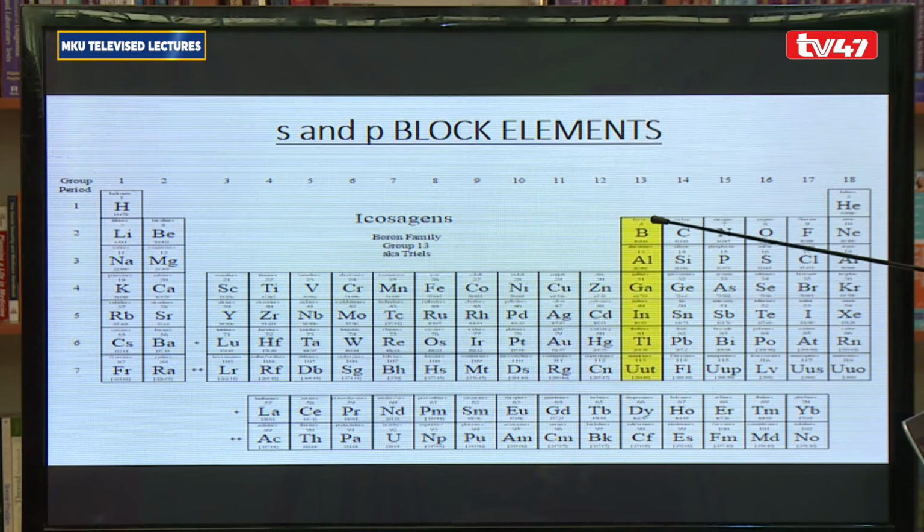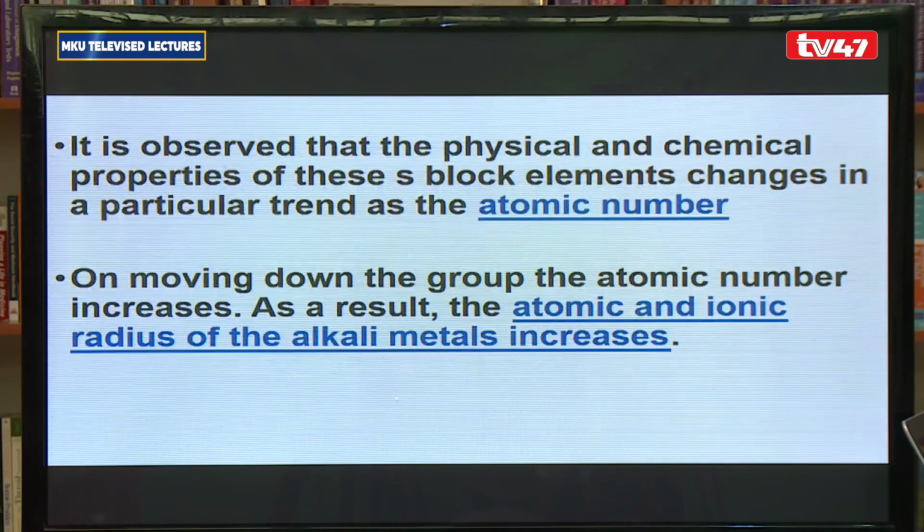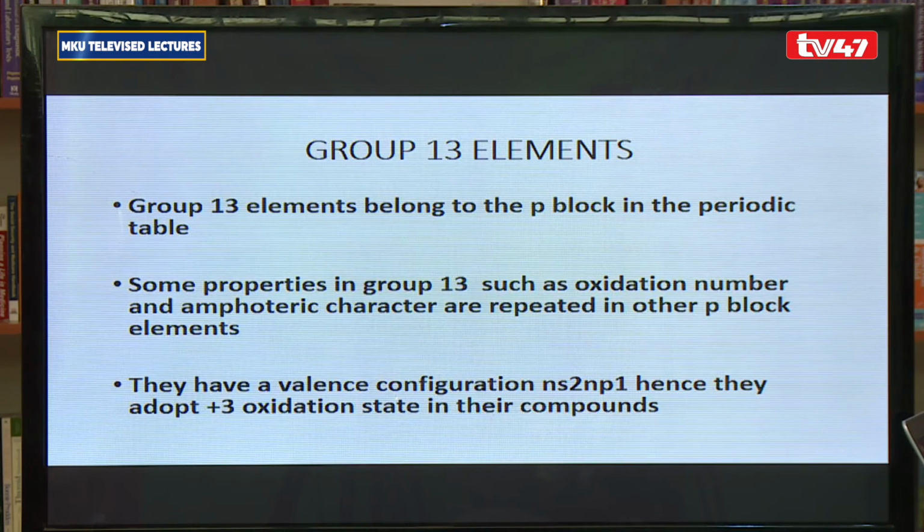So these are the elements that we will be looking at in the P block category. They belong to the P block in the periodic table, and they're the first ones in the P block.